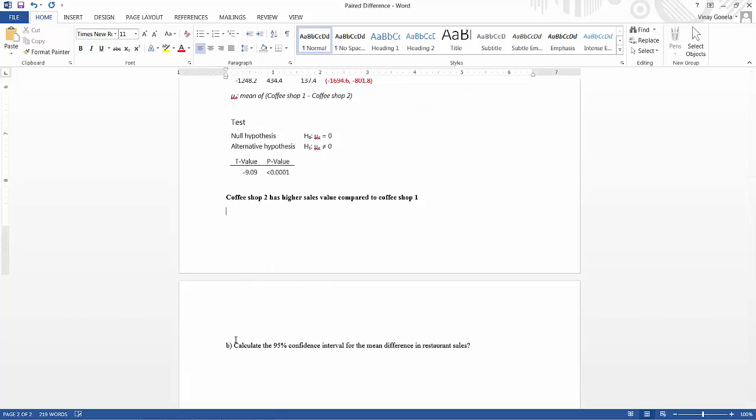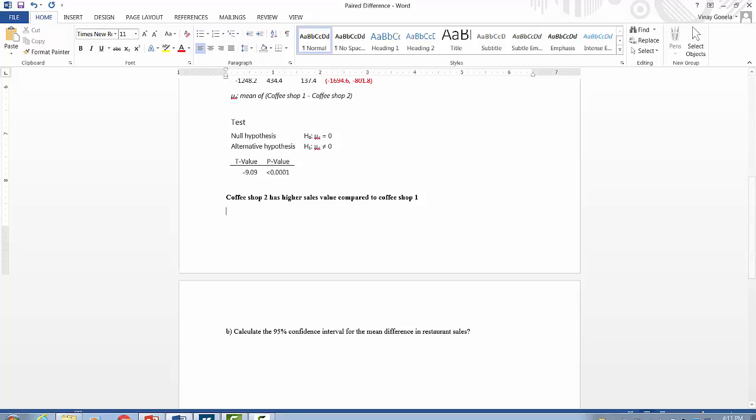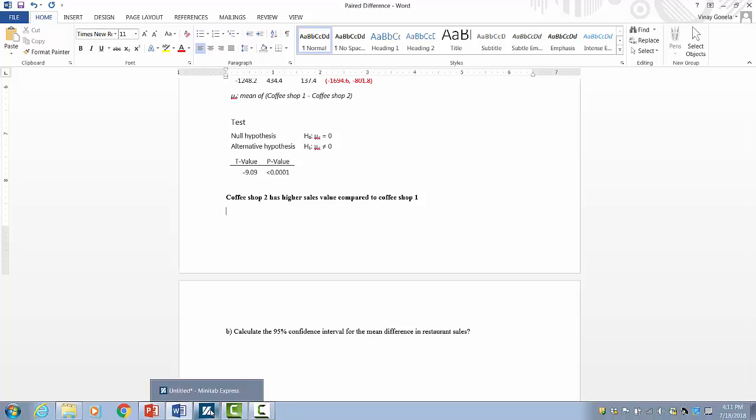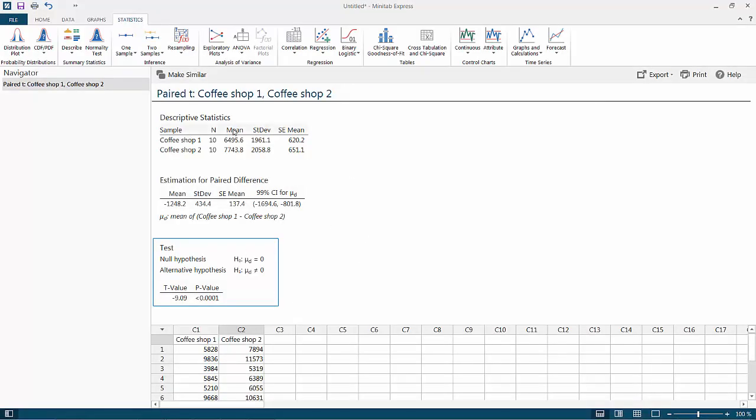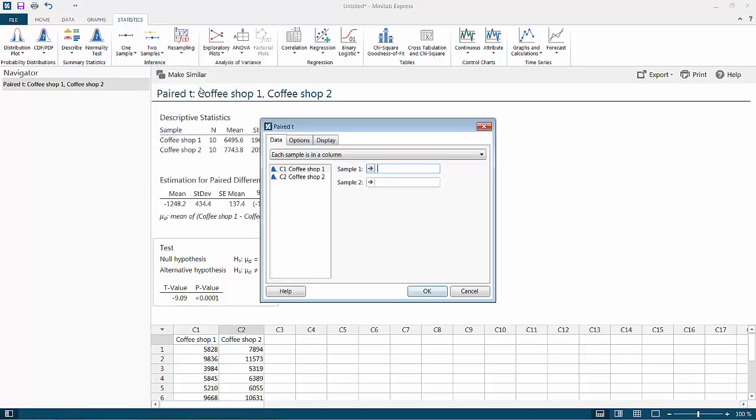Now we have another problem where they're asking to calculate a 95% confidence interval for the difference in restaurant sales. I can go to the same Minitab Express, go to Two Samples, Paired T, and select coffee shop 1 and coffee shop 2.